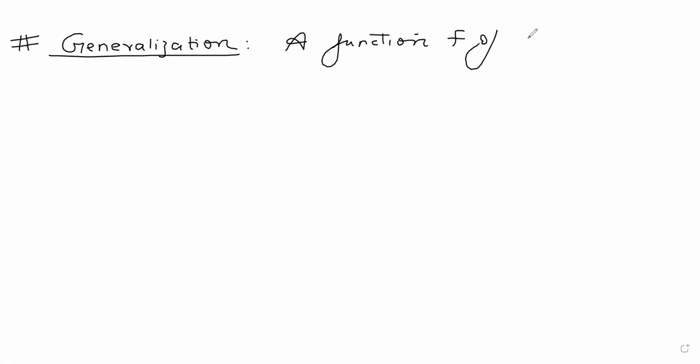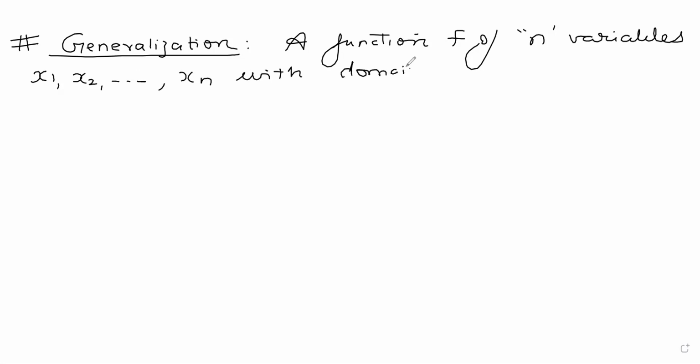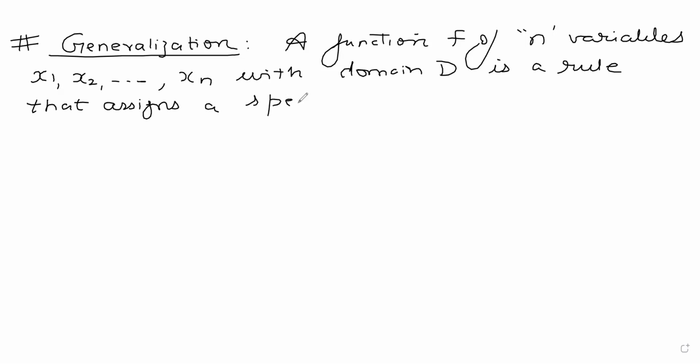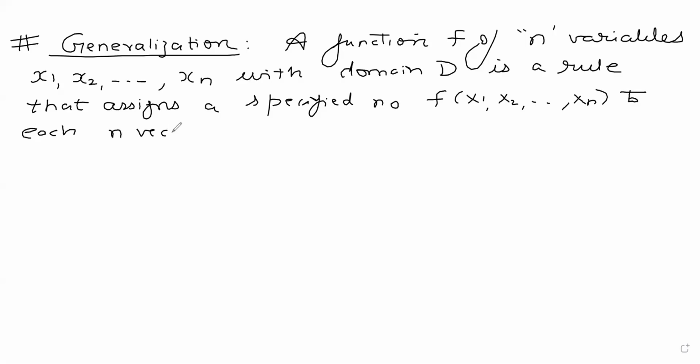So I can write the generalization: a function f of n variables, which are x1, x2, dot dot xn, with the domain capital D is a rule that assigns a specified number f of x1, x2, dot dot xn to each n-vector x1, dot dot xn in the domain.